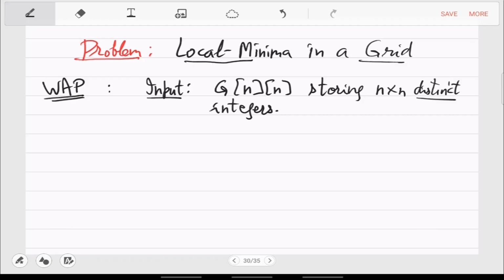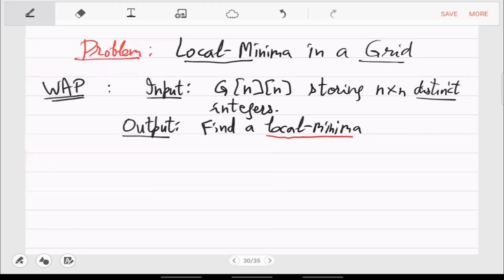What we will try is what you don't know, that is the local minima problem, where you just want to output a cell whose value is minimum amongst its neighbors. So find a local minima, that is an entry G[i][j] that is smaller than its 4 neighbors.